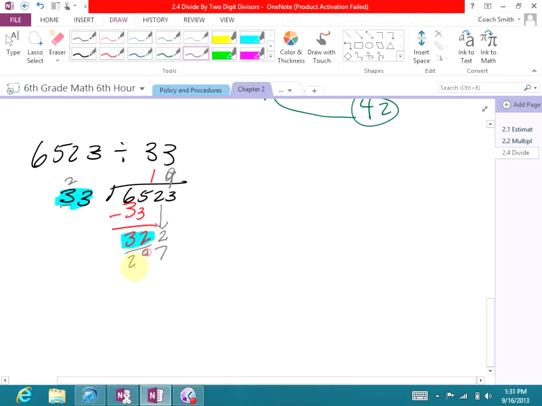That's going to be 297. Okay, now if I subtract those, I get 25, looks like. So now I'm going to bring down my 3 and put it with 253.